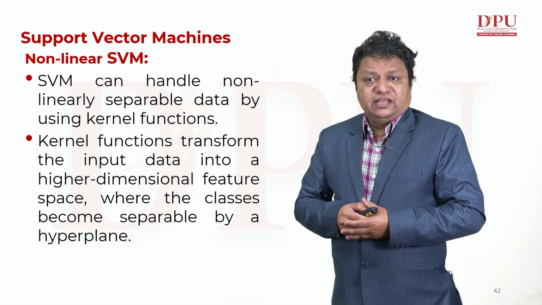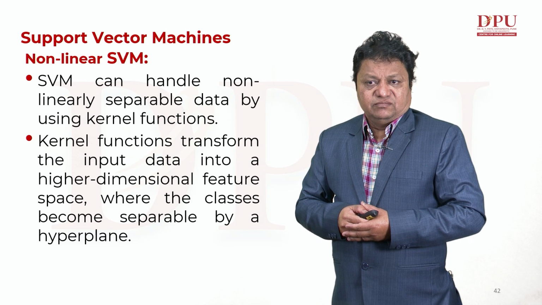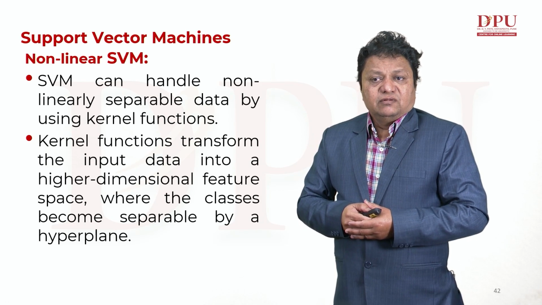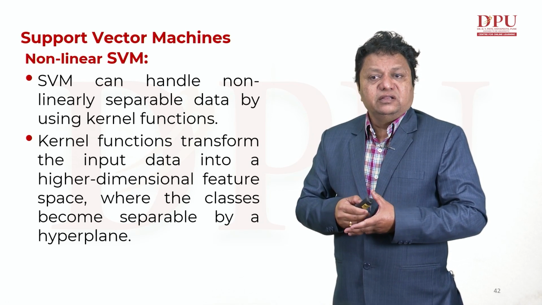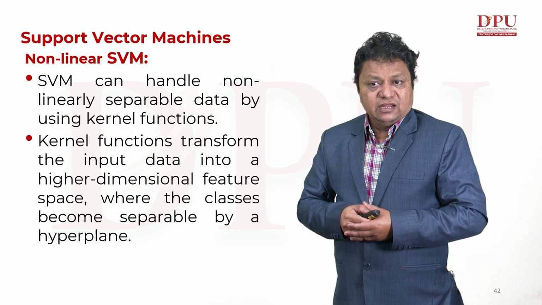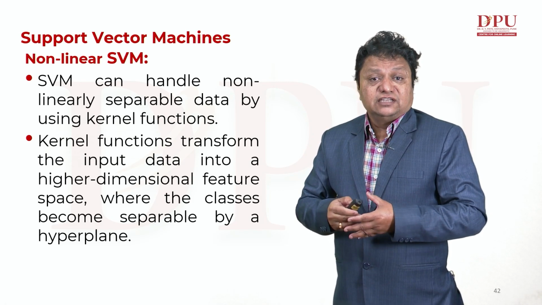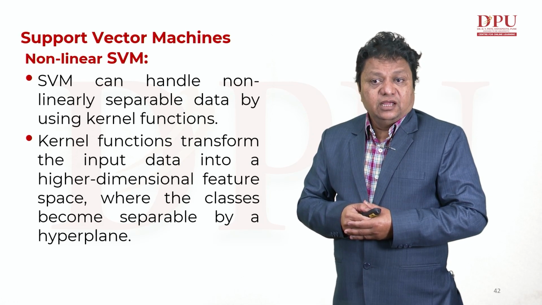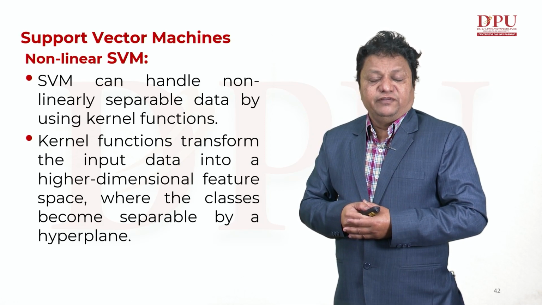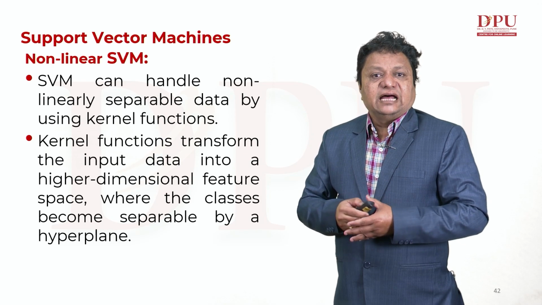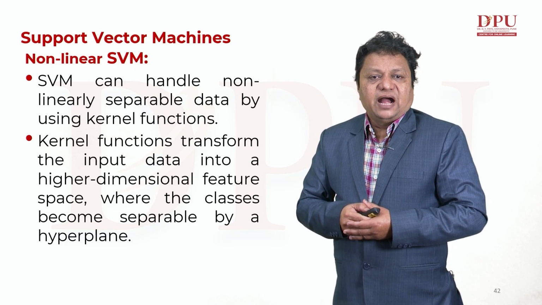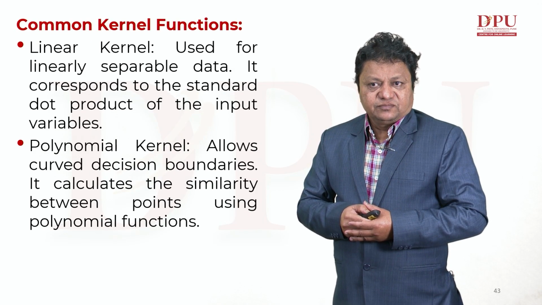Now, let us understand the non-linear SVM, that is the SVM which can handle non-linearly separable data by using kernel functions. The kernel function transforms the input data into a higher dimensional feature space, where the classes become separable by a hyperplane.